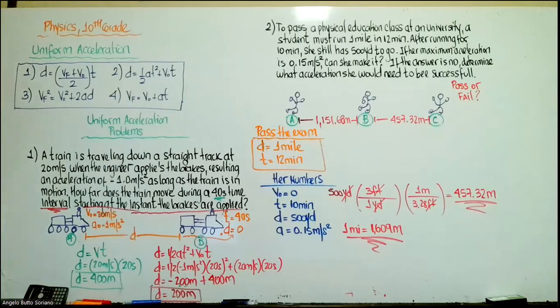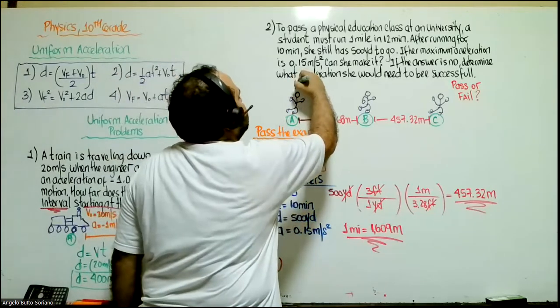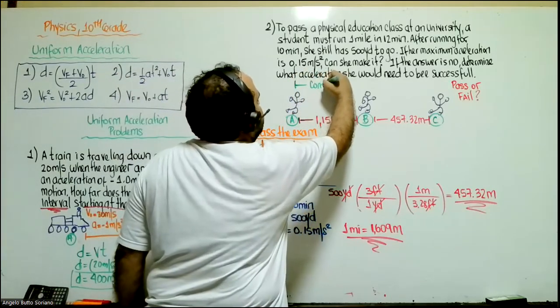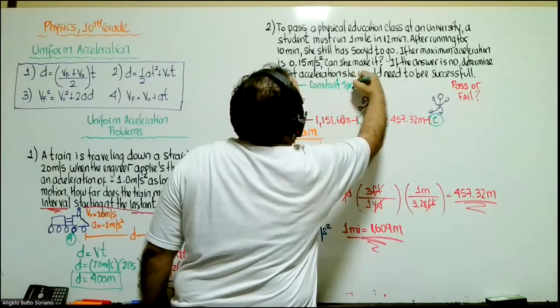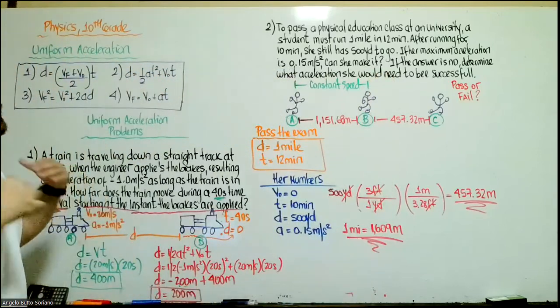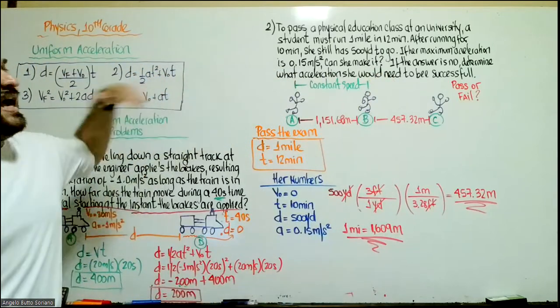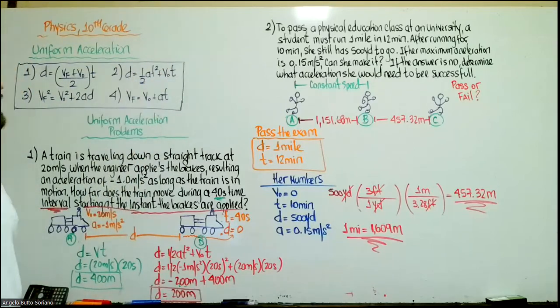So if you see, we require a lot of information. Let's focus at the beginning of the problem, from point A until point B. That's why this is a conditional problem. She starts at constant speed, because the problem says she's going to increase her acceleration after the first 10 minutes.